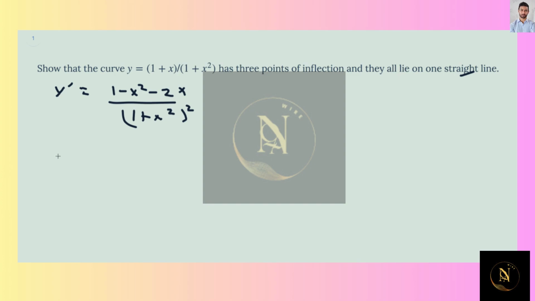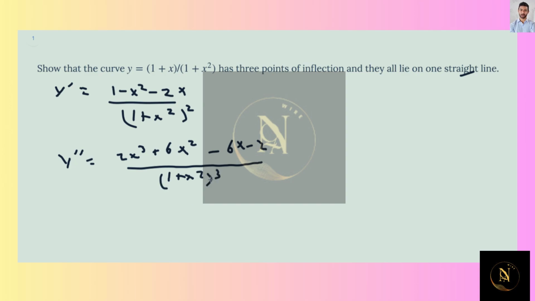And then the second derivative, there are variations to this answer. I'm going to show the different forms. So you can get (2x cubed plus 6x squared minus 6x minus 2) over (1 plus x squared) cubed.